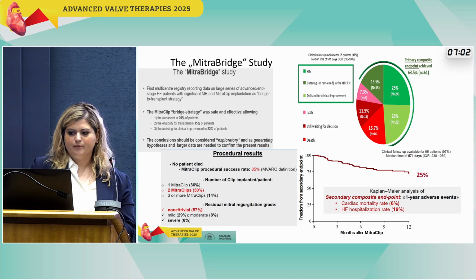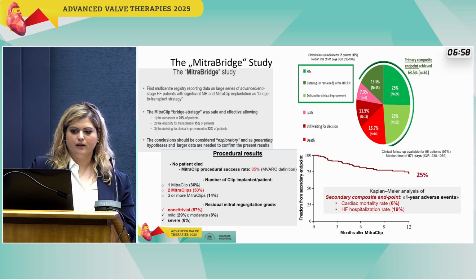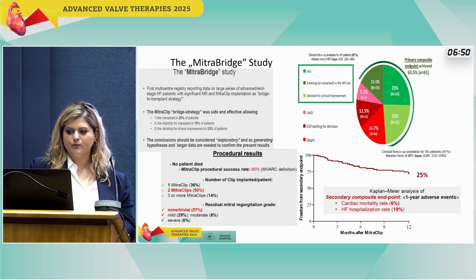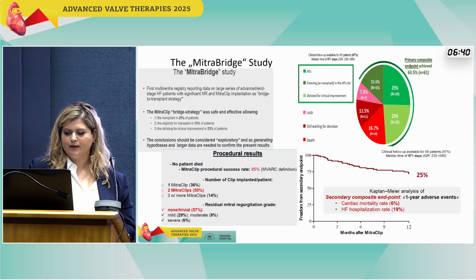The composite endpoint was that the patient could undergo a heart transplantation successfully. Patients that were too bad for a heart transplantation could enter the list with the M-TEER, and some of the patients, 23%, not a small amount of patients, could be delisted because of their clinical improvement.